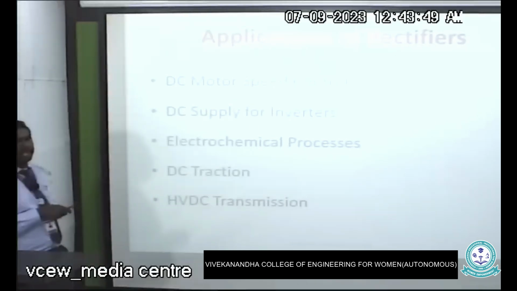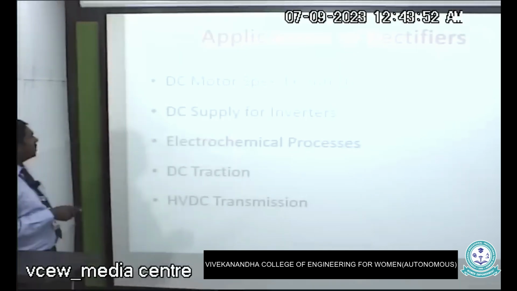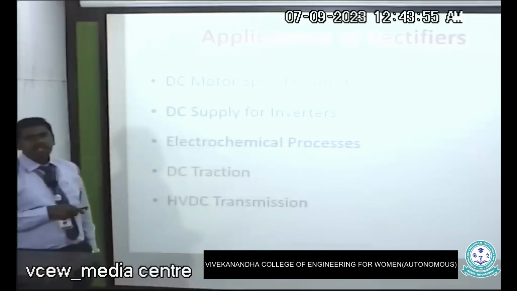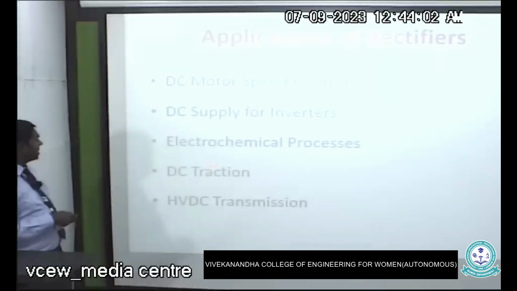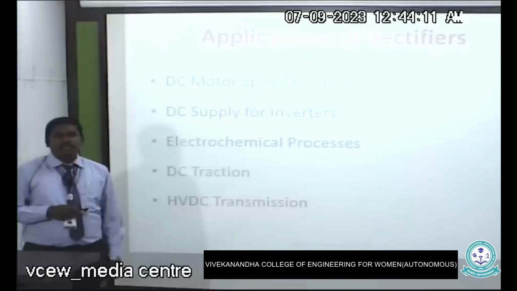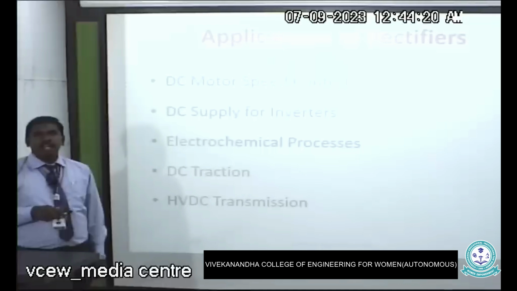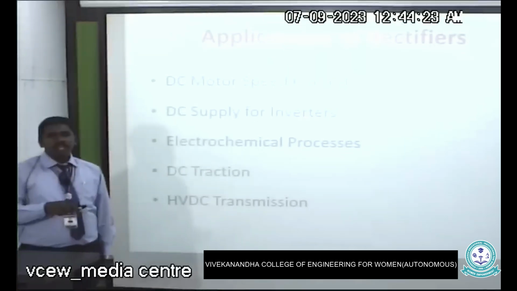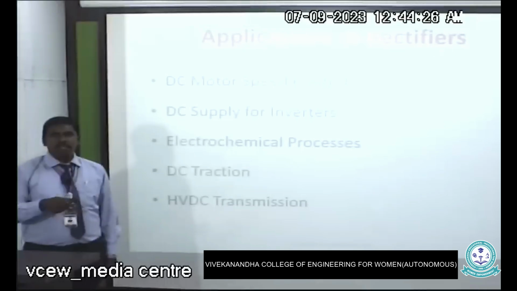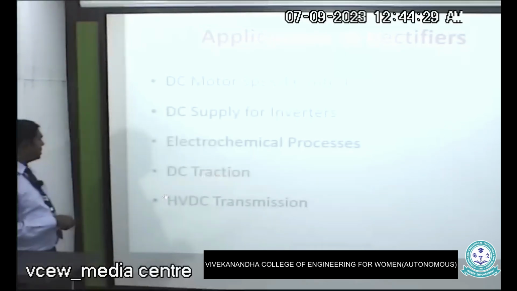Where we need a DC supply for inverters, we can use them. Then electrochemical processes, which combine electrical and chemical reactions. Then DC traction. Then power transmission, that is, HVDC transmission. Earlier we used AC transmission, but now we are moving to DC transmission, which is high voltage direct current transmission. For that purpose we need to convert the AC supply to a DC supply, so we can use it in HVDC transmission.